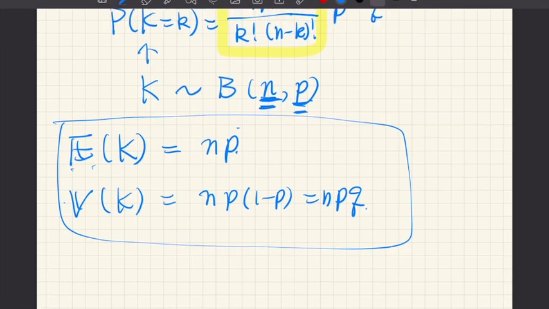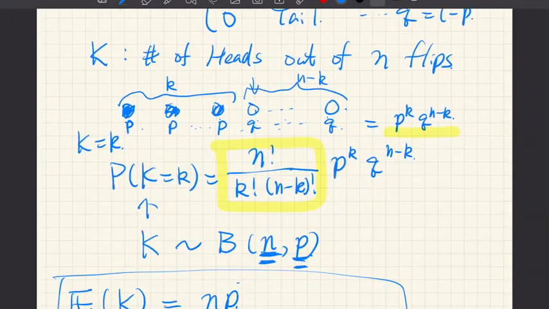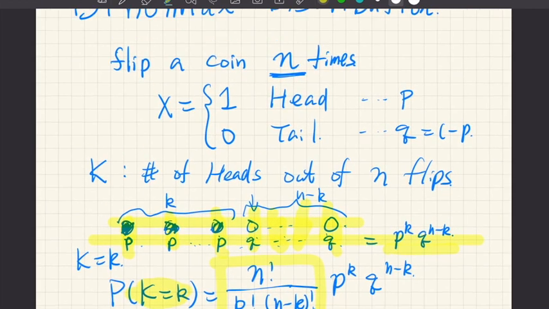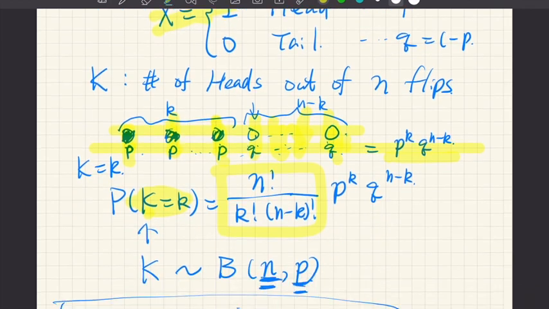So in this case, each coin flip here, each of these heads or tails, is a Bernoulli random variable. And the number of heads in total is the sum of all those random variables, x1, x2, and so on up to xn. So k is obtained as a sum of all these random variables.